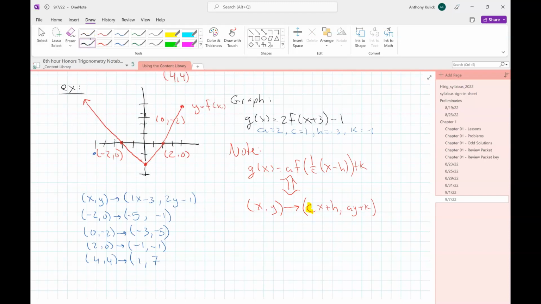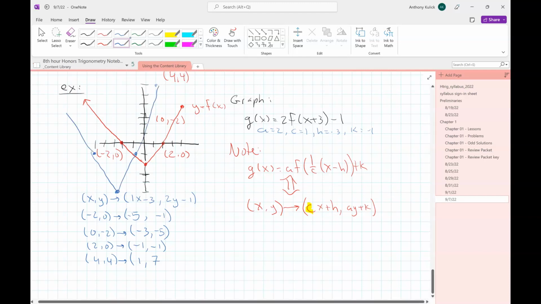Look at that. Mr. Kulik, you sly dog, you. Okay. And then -1, -1. And then 1, 7. 1, 2, 3, 4, 5. So there's my g of x.